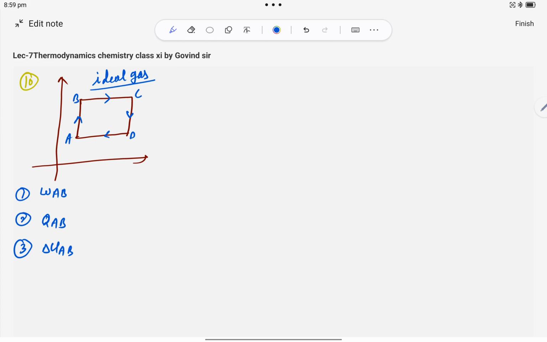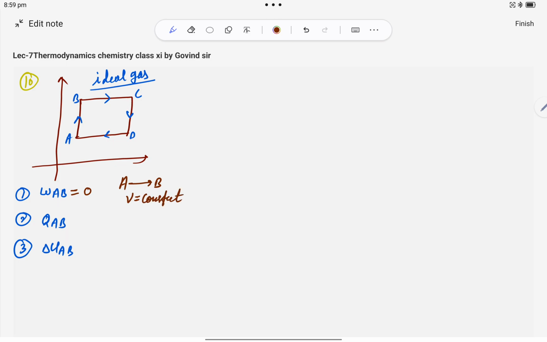So tell me A to B work. A to B work. So a straight line. Many times I told you, straight line, then WAB will be 0. Yes or no? So for A to B, children, what is constant? Volume is constant. Yes or no?